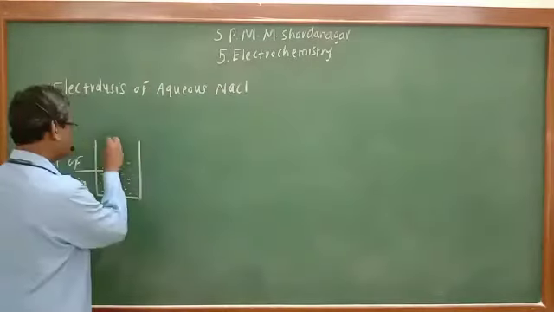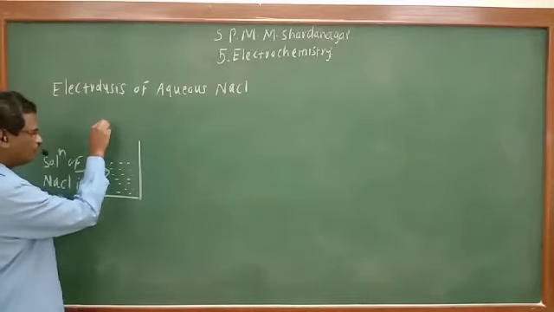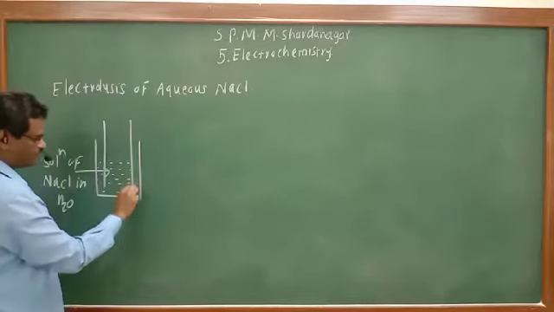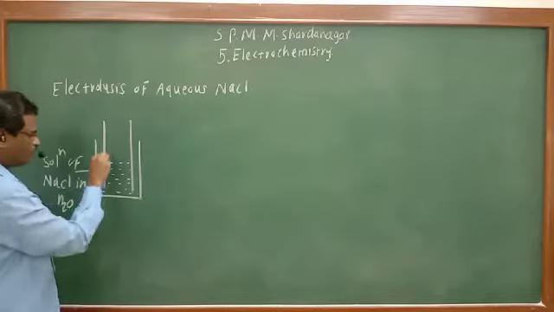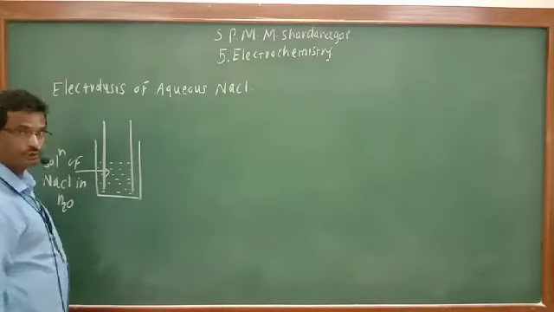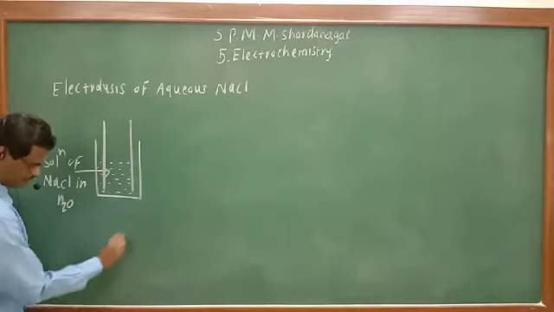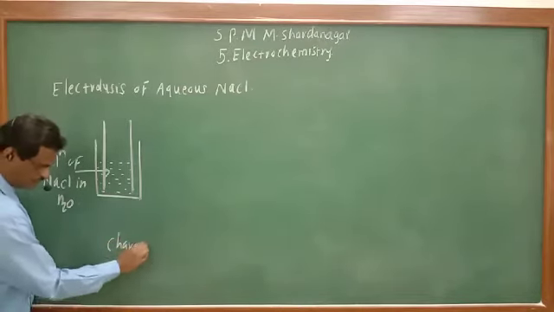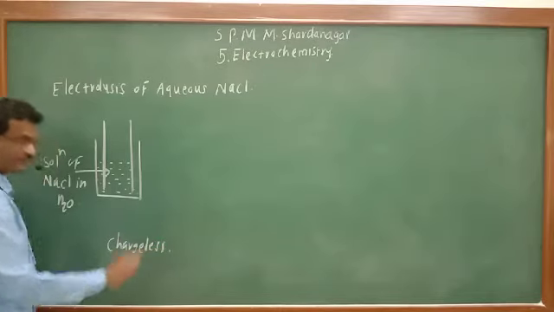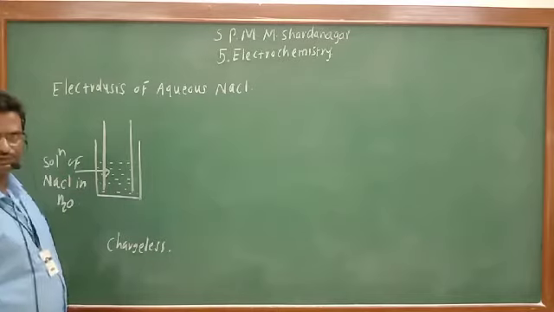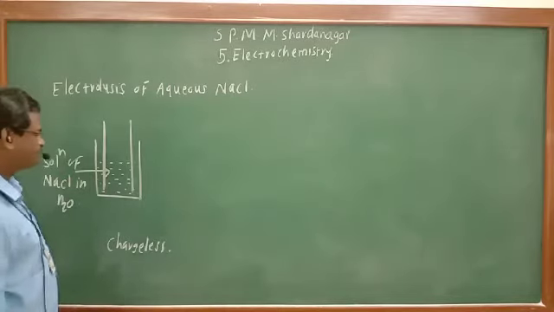In this beaker, two neutral graphite rods are immersed. Neutral means they are initially chargeless, with zero charge. They are not carrying any charge.